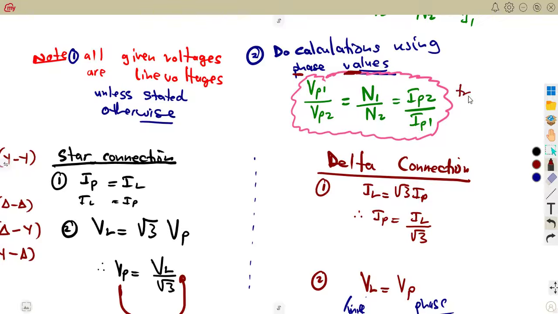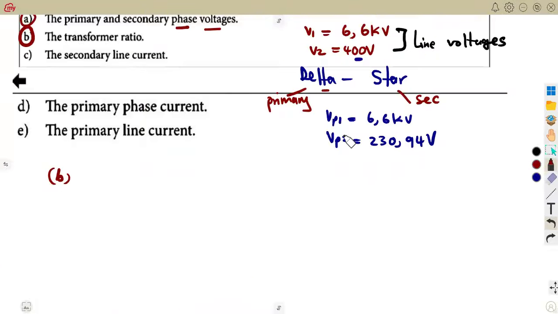The transformer ratio can be obtained from any of these. What is it that we have? Are we having the voltages? Are we having the number of turns? We have the voltages. So remember that N1 over N2 is equal to VP1 over VP2.